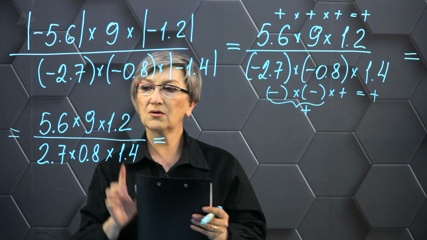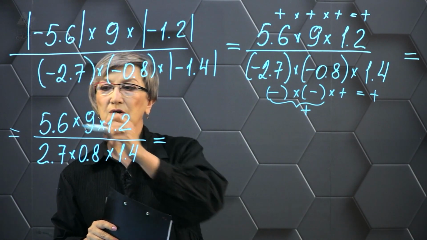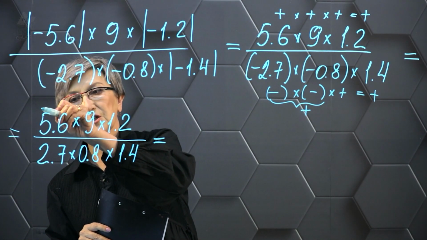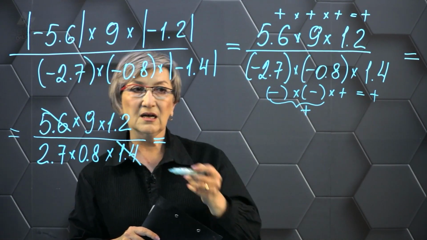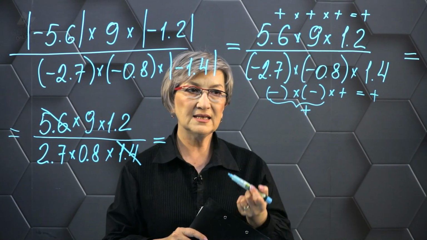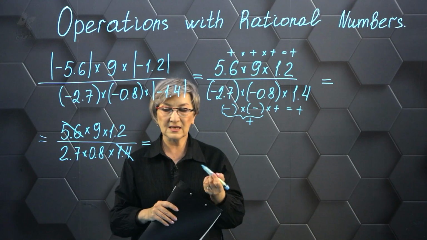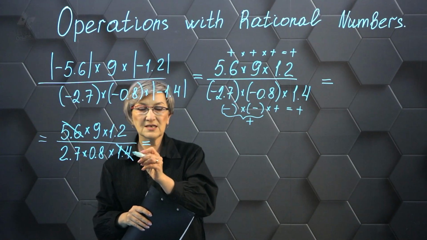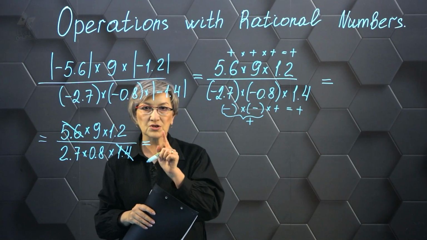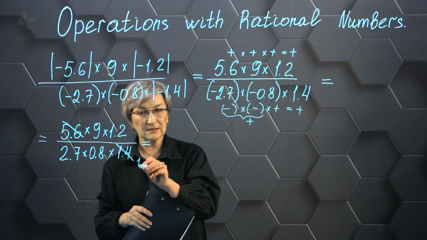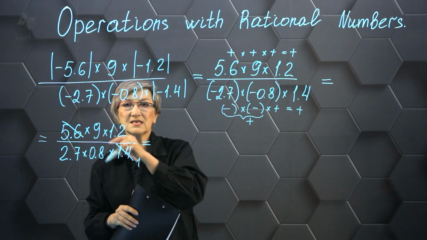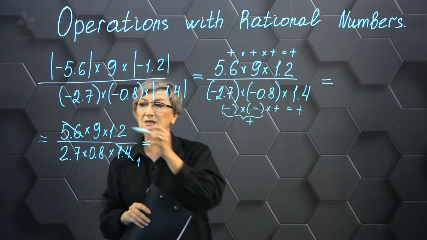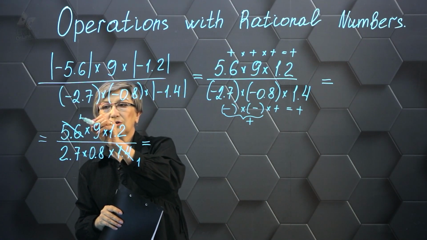What do I propose to do? I see that the number 5.6 and 1.4 can be divided by 1.4. 1.4 divided by 1.4 is 1. And the number 5.6 divided by 1.4 is 4.